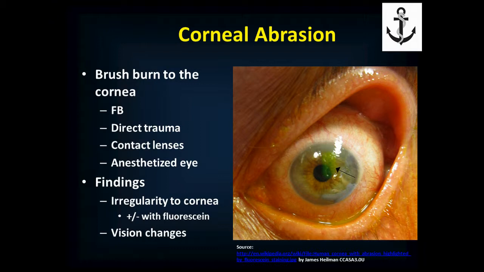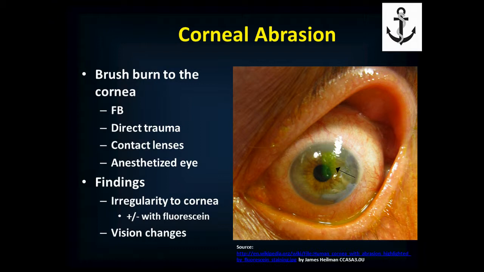Your findings are going to be an irregularity on the cornea, which you may need fluorescein to see. Basically, the superficial layers of part of the cornea have been stripped away. You put the fluorescein on and that area turns yellow and it flows off the rest of the surrounding area, and it will typically cause vision changes if it lies in front of the visual axis.